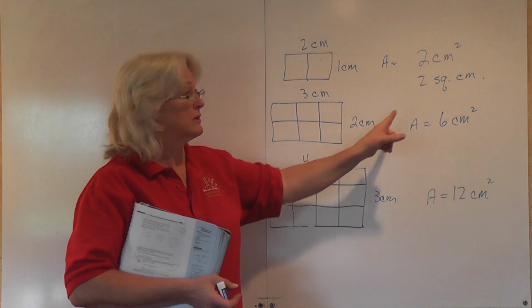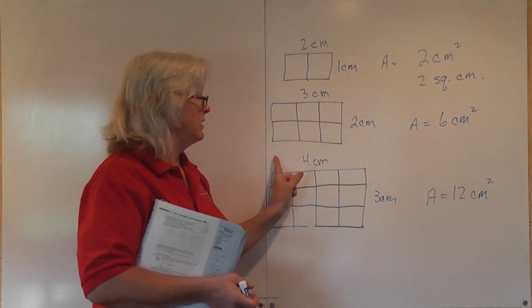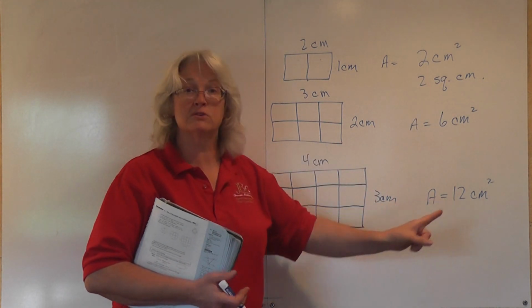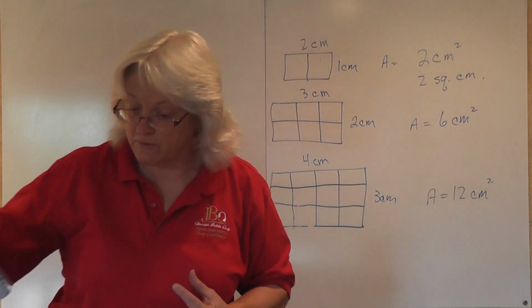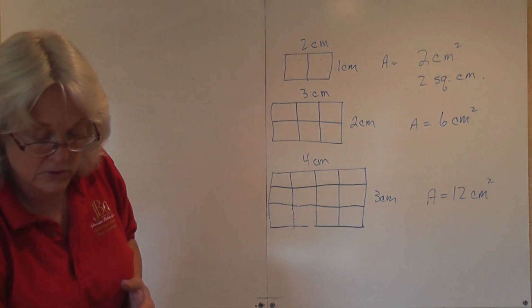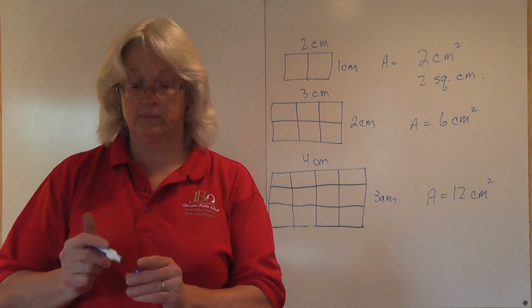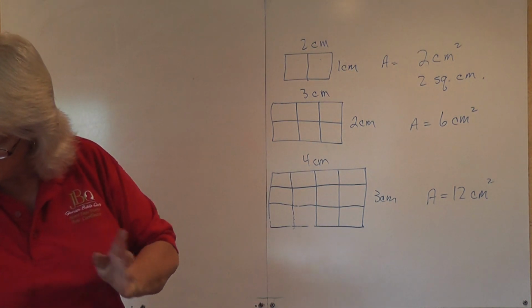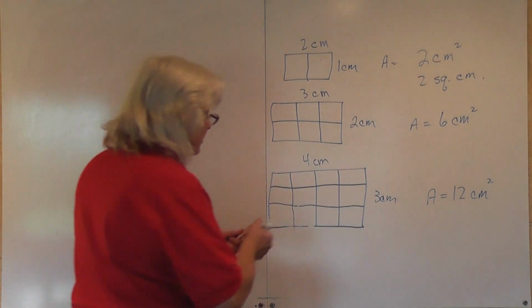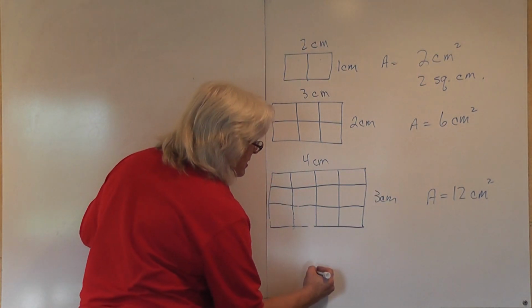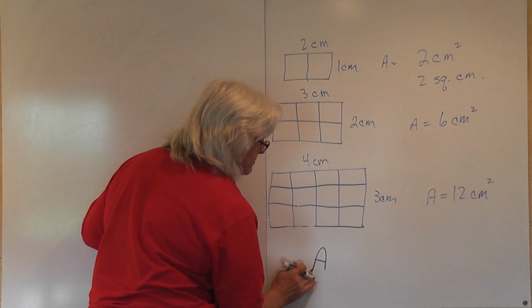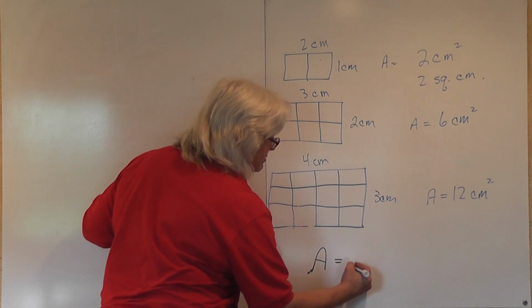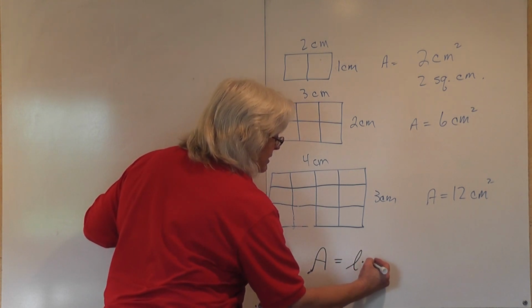So length times width gave us 2. Length times width gave us 6. Length times width gave us 12. And that's exactly the formula that you're going to use when you find area. The area of a rectangle is equal to its length times its width. Area is equal to length times width.